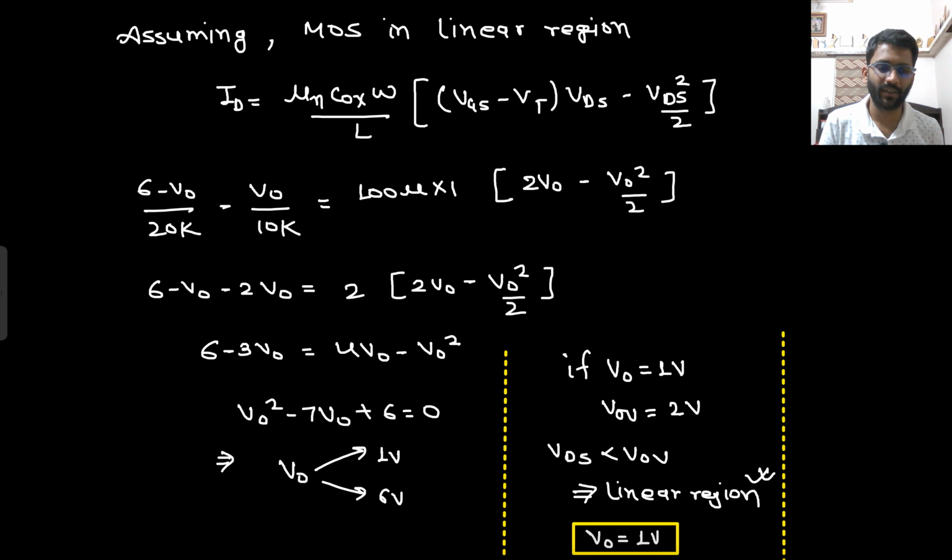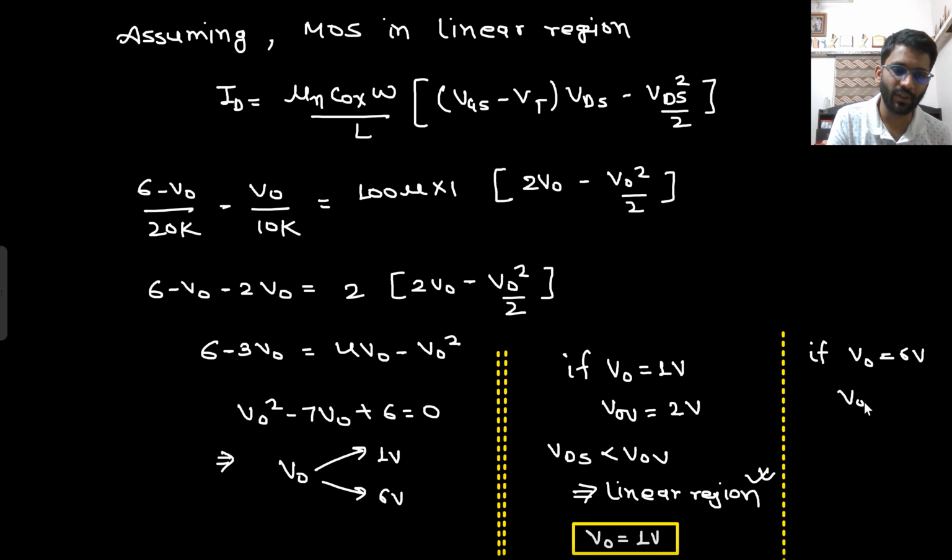But if you take V naught to be 6 volt, what will happen? V overdrive will be 2 volt and your VDS will be greater than V overdrive.